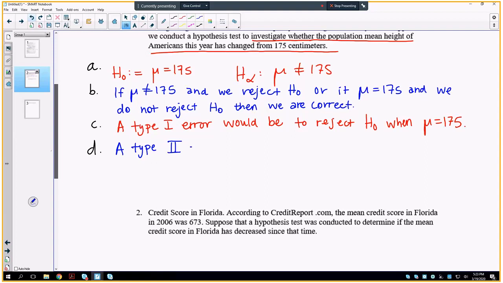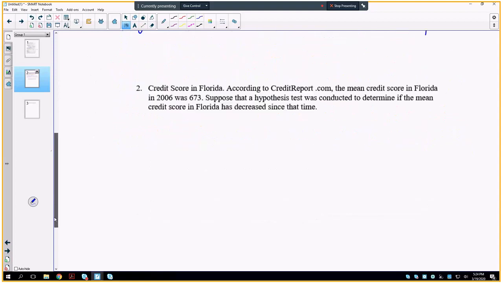A type 2 error would be not to reject the null hypothesis when the null hypothesis is false. Okay, and that's all we needed to do for this problem. So let's see another example.